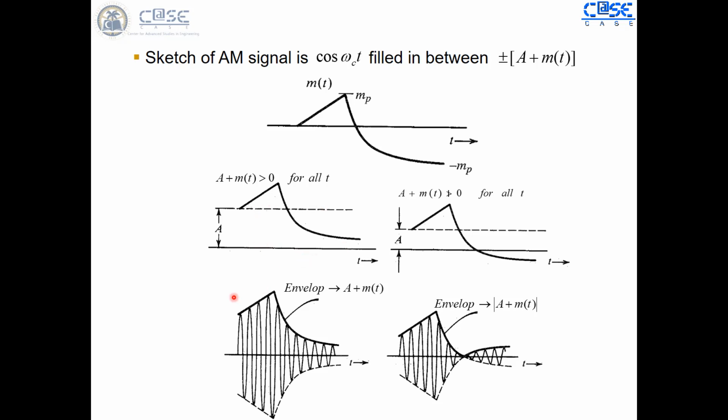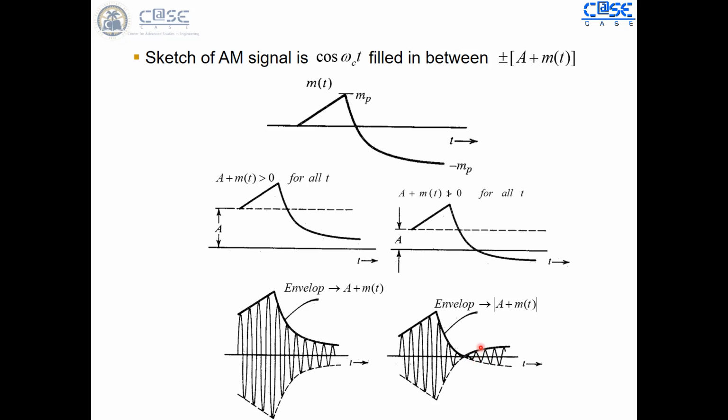In this scenario, the message signal is all positive for all times t after the transformation. You end up getting this kind of an envelope, right? But on the right hand side, you can see some portion of the negative term, when it gets multiplied with the negative terms of the cosine term during the modulation process, it will become positive.